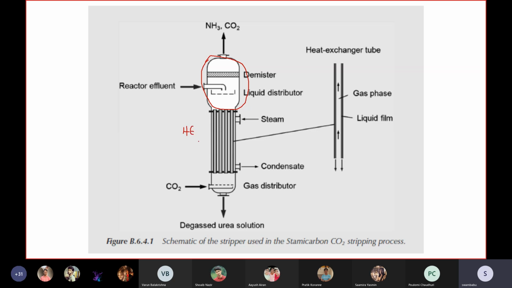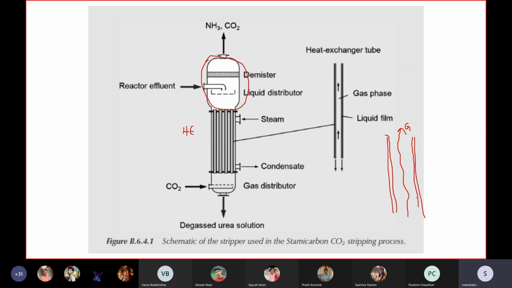You can see the liquid flows like a falling film. This is the tube. The liquid just flows like a film, and the gases pass through this. That way we can achieve more mass transfer.